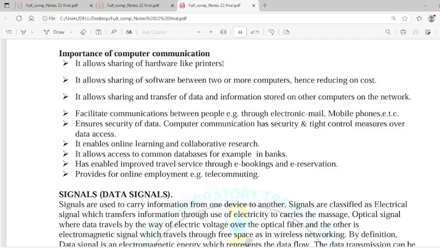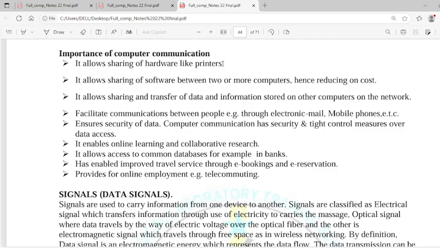When the computers are able to communicate, a software can be installed in one computer, and the others, being interconnected in the same communication, use the same software.